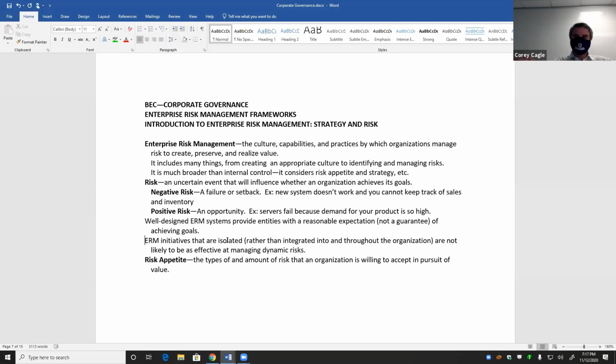So part of this whole system is us figuring out how much risk we're willing to accept. What is our risk appetite? So risk appetite is a definition that we want to be aware of for sure. And it's simply the type of risk and the amount of risk that we're willing to accept in pursuing the value, right? It's our willingness to assume risk. It's a range, right?